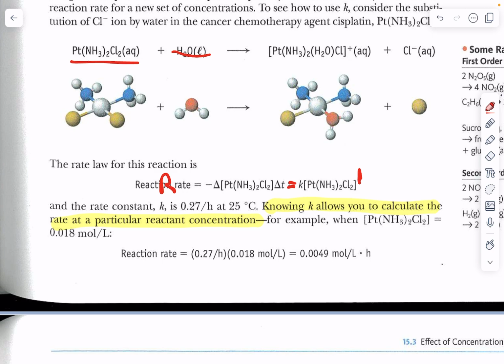You plug your data in, and you solve it for K. And if your rate law is correct, and if you do your math correctly, no matter which experiment you choose, every single time you'll get the same value of K. K will be a constant for that particular reaction at that particular temperature.